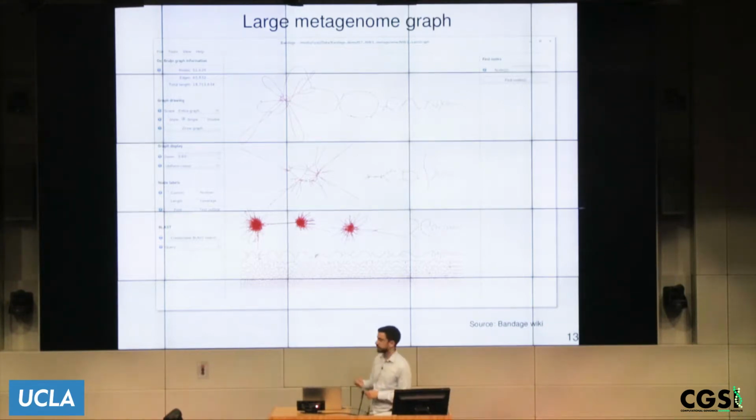All right, sorry, I didn't define it. Each line that you see here corresponds to a node in the compacted de Bruijn graph. The longer the line, the longer the sequence of the node. So what you would like in the perfect case is to have as many lines as genomes present in your data set. Unfortunately, first of all, these are not lines, these are actually graphs.